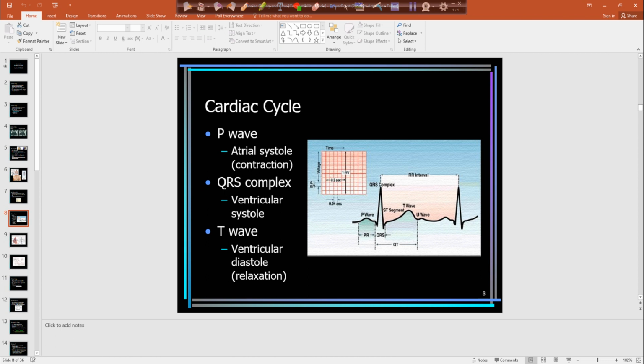Our ventricle contractions create the largest peak. It is the QRS complex, but a lot of people just say the R wave because it's the largest, and the R is right at the top of this wave. And then your T wave is actually a little bit larger than your P wave because those ventricles, which are larger chambers, are relaxing.